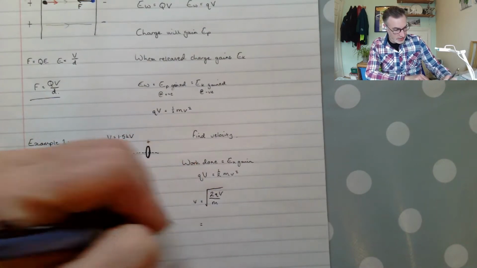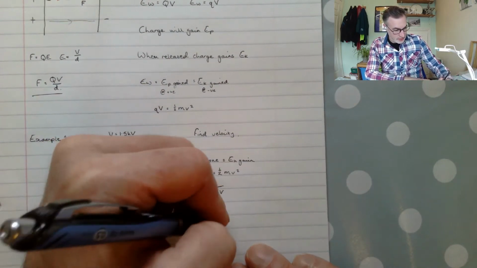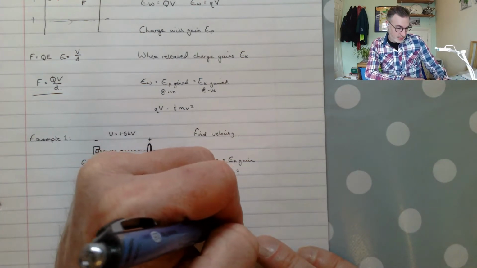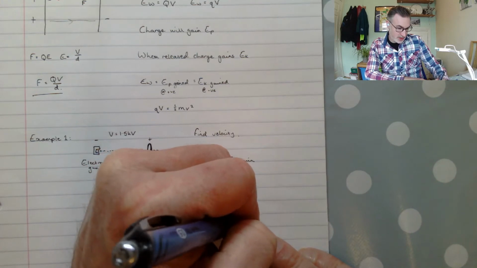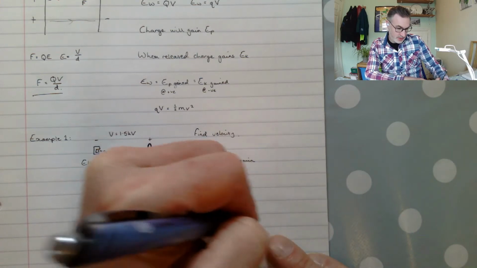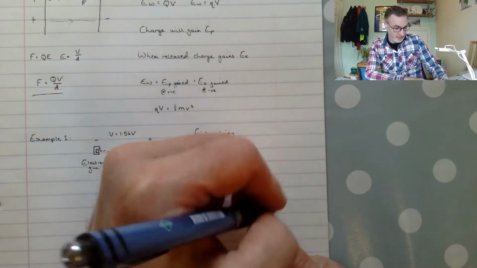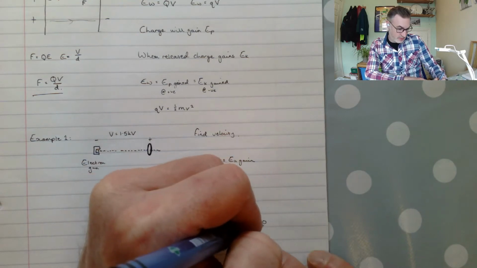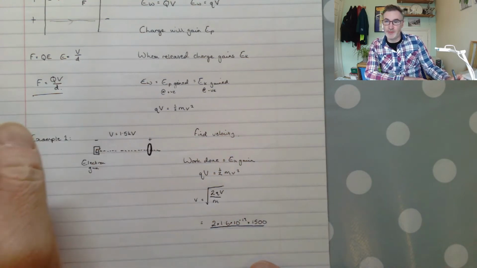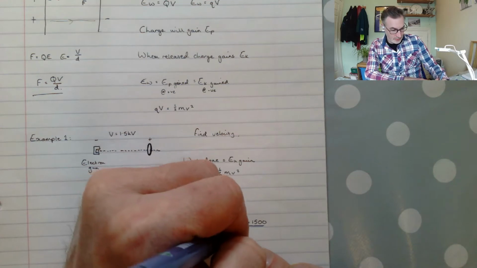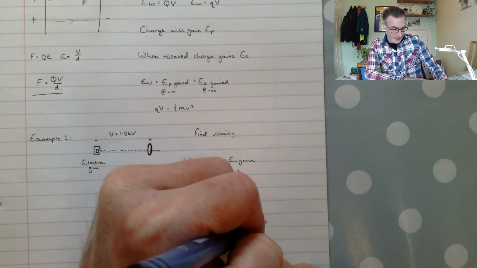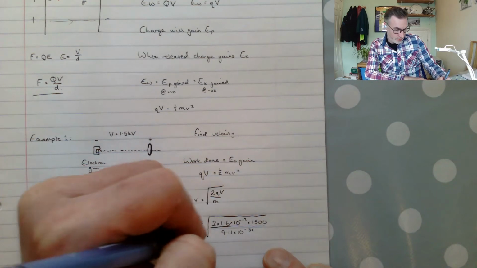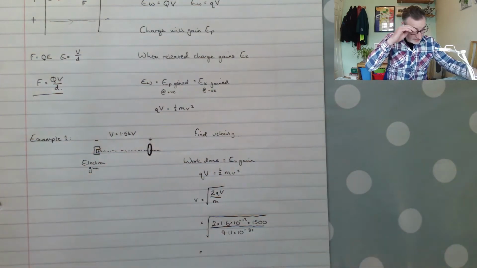Then we can just sub in our values. So 2 times the charge of an electron, you can look it up in the data sheet if you need to, 1.6 times 10 to the minus 19 coulombs, times our voltage, which is 1.5 kilovolts, so that's 1500, over the mass of an electron, again look this up in the data sheet, 9.11 times 10 to the minus 31, and the square root of all of that.